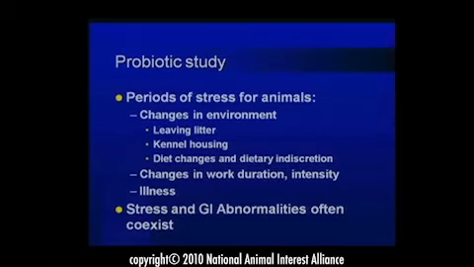There are periods in the CCI system, if you think back to that service animal CV I documented at the beginning, of predictable stress for the animals. Whenever they change their environment, because changing an environment is changing a lot of things, it's a fairly stressful time. So when they leave the litter to go into the puppy raiser's home, when they leave the puppy raiser's home to enter kennel housing, when they have, for other reasons, diet changes, when they leave the kennel to work with the graduates.